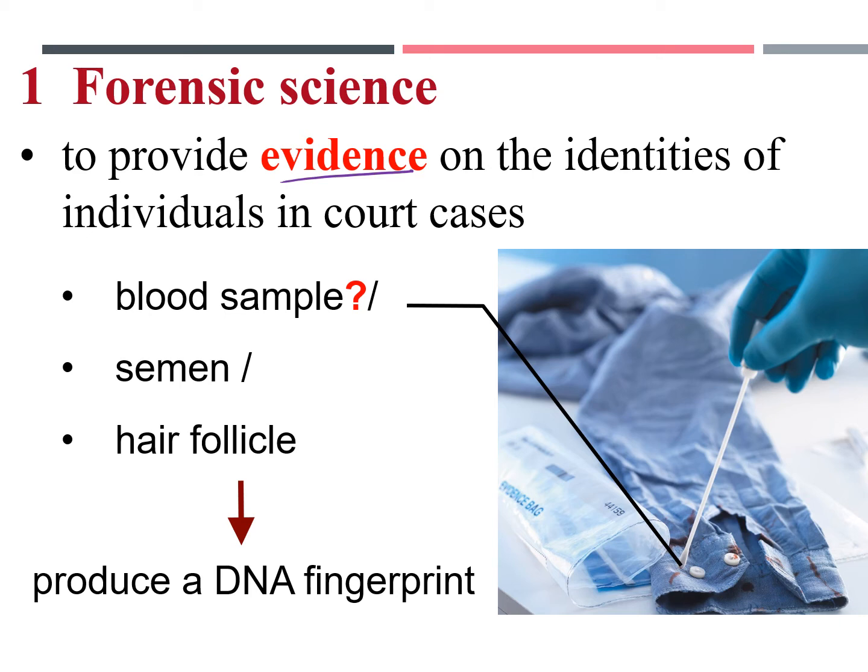So DNA fingerprinting can be done by obtaining the cells, for example, in the blood, but not the red blood cells, because red blood cells don't have nucleus. It should be the cells such as white blood cells in the blood sample, or semen, 精液, in a rape case, or hair follicles, 发根. All these cells containing DNA is able to produce DNA fingerprint for identification of an individual.